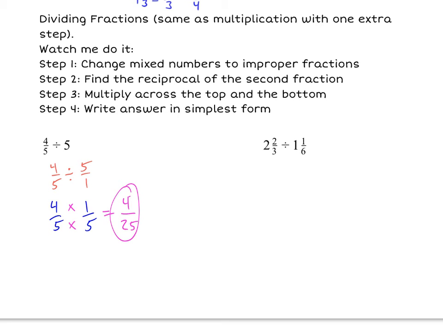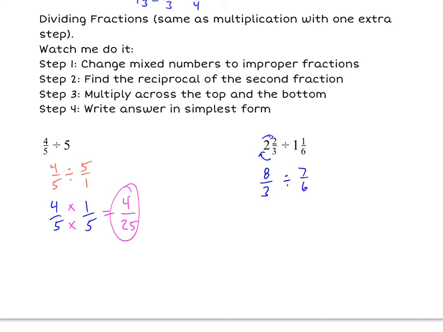Okay. Let's do one more together, and then I got a couple for you to try. 2 2/3, so we make it an improper fraction first. 3 times 2 is 6, plus 2 is 8. And 6 times 1 is 6 plus 1 is 7, so 8 thirds divided by 7 sixths. So there's my first step.